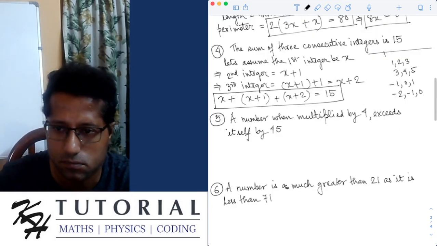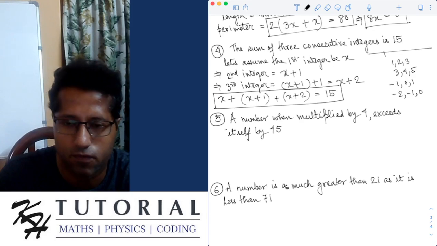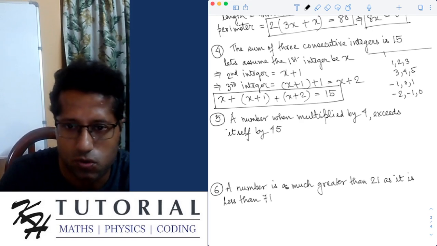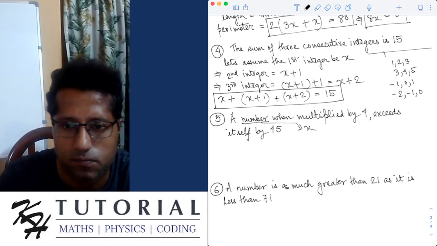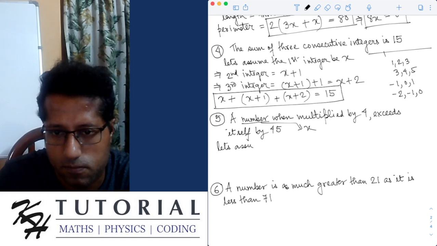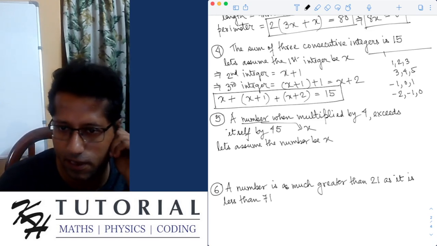Okay, let's see number 5. A number when multiplied by 4 exceeds itself by 45. So a number is the unknown quantity, so let's assume the number be x.